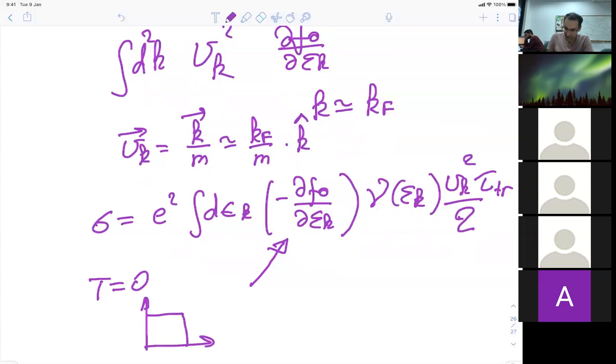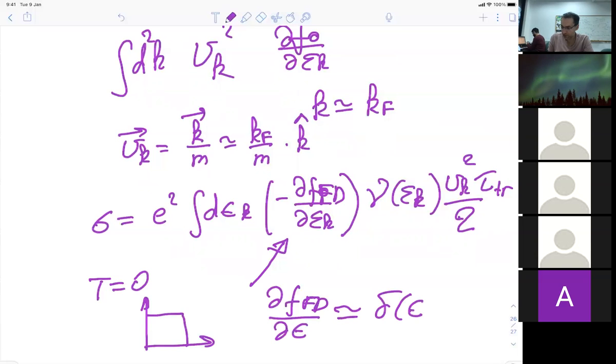So the derivative of the Fermi-Dirac function with respect to energy is essentially a delta function of epsilon k minus epsilon Fermi. So everything in the low temperature limit is restricted to the vicinity of the Fermi surface.